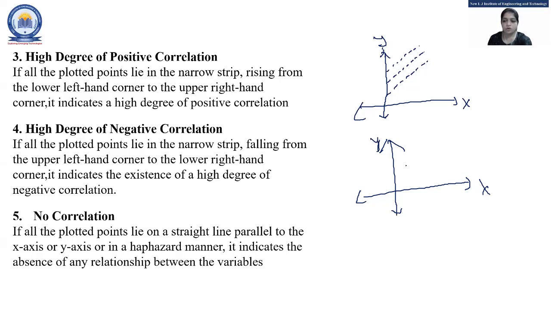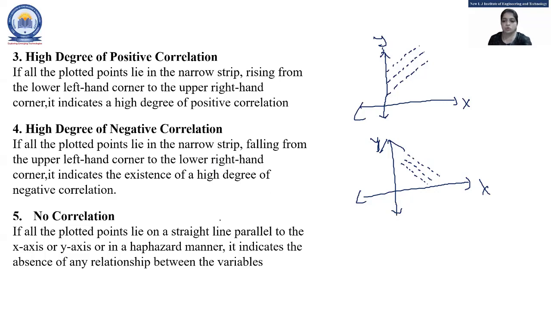And if we want to represent negative correlation, a high degree negative correlation is like that. So if all plotted points lie in a narrow strip falling from the upper left hand corner to the lower right hand corner, it indicates the existence of high degree of negative correlation.